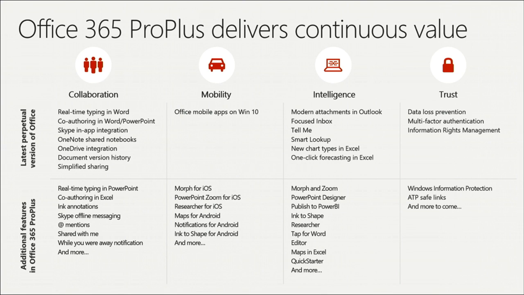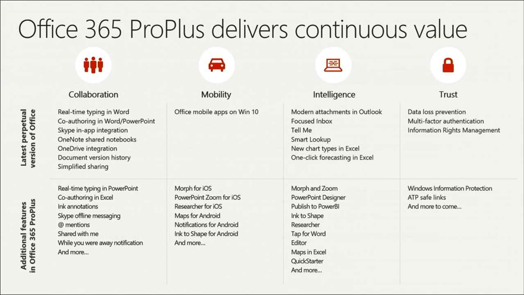The big key difference that you're going to see is between our perpetual product, which is Office Professional Plus 2016, which is based on our MSI technology, and Office 365 ProPlus, which is based on the click-to-run technology. The key difference is with our MSI product, we took a snapshot of right where we were with all the features and capabilities.